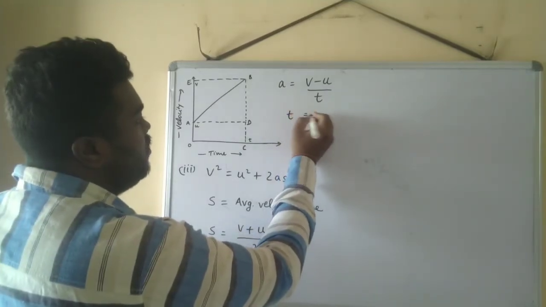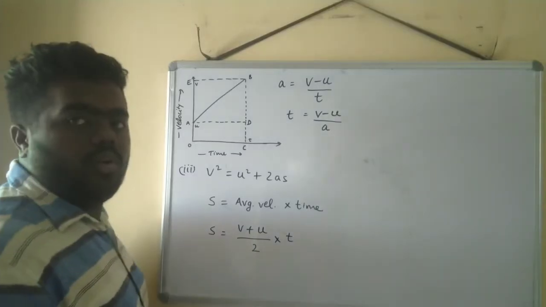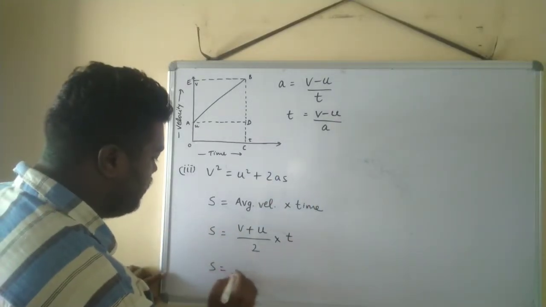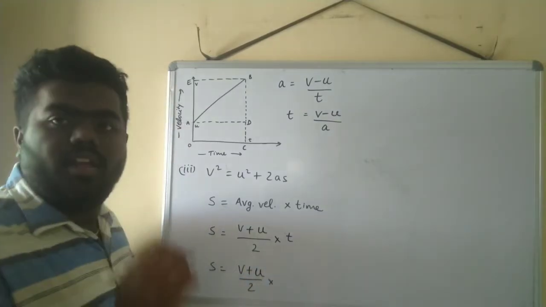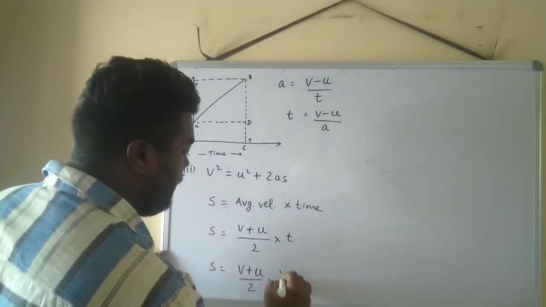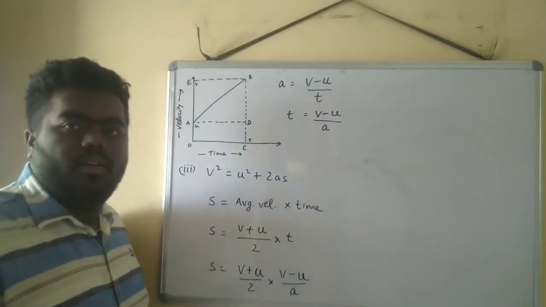So t is equal to V minus U by a. Yes, so we will substitute this formula here in place of t. Now in place of t, we will put V minus U by a.